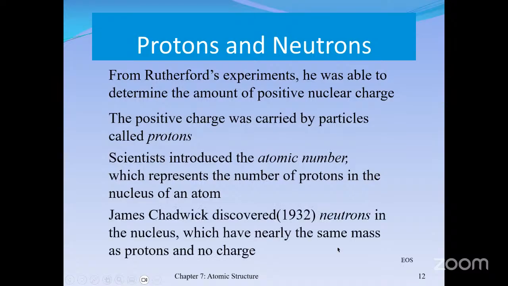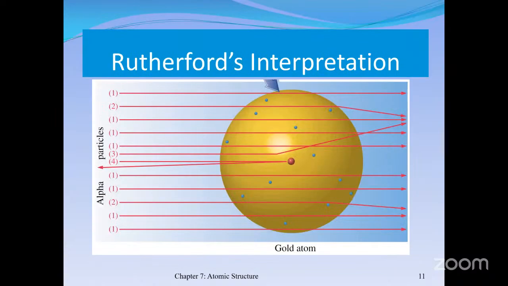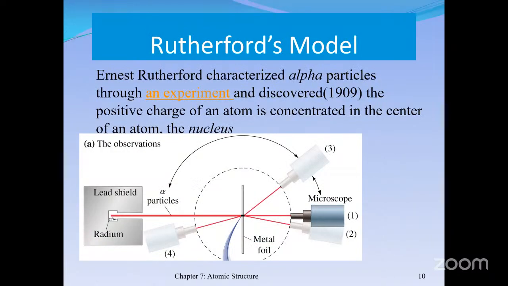And then in 1932, another scientist by the name of James Chadwick discovered the presence of a third particle, known as a neutron. Based on what I've read about this discovery, I think Rutherford did his experiment in 1909, right?